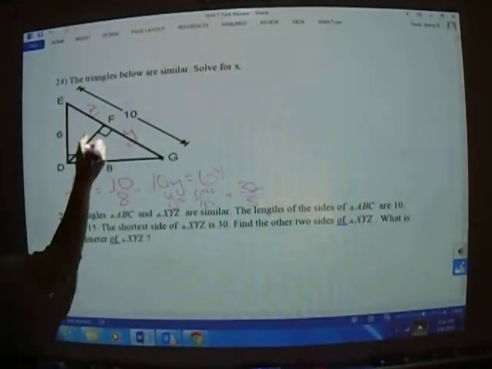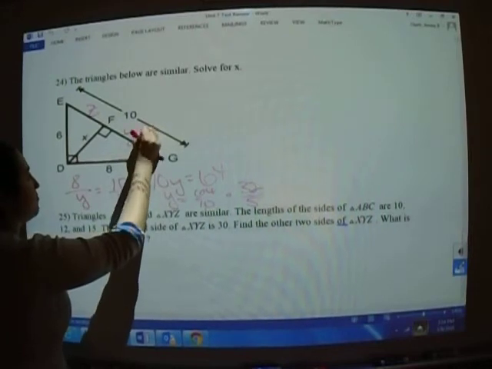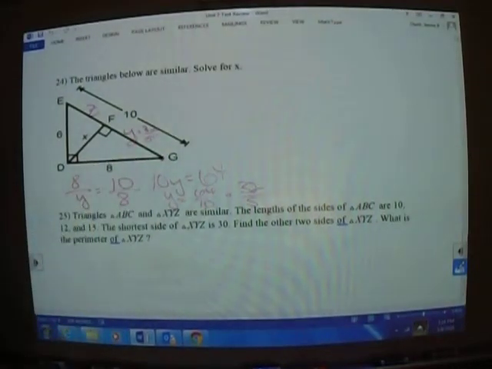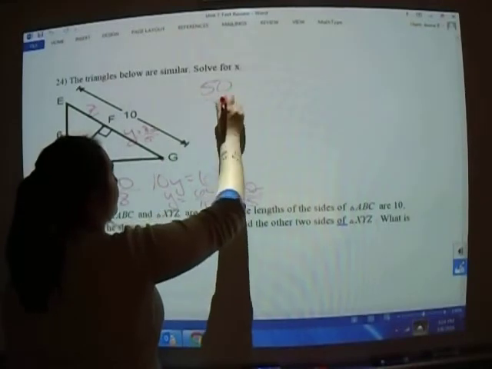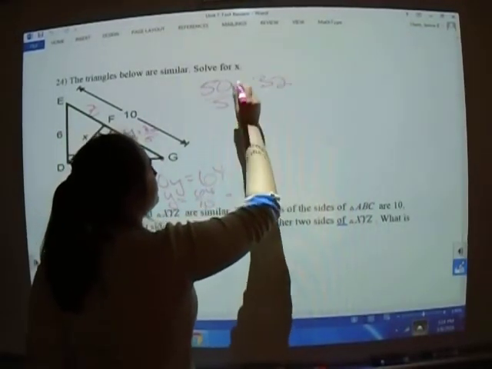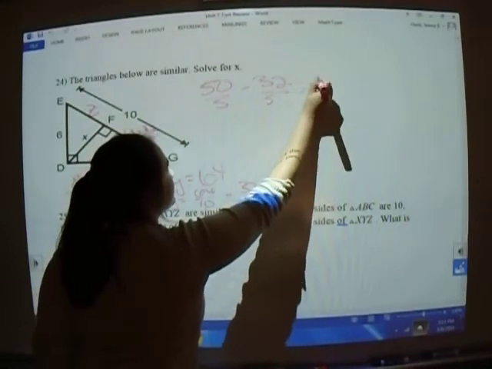Okay. So, 10 is 50 over 5, right? So 50 over 5 minus 32 over 5 equals 18 over 5.